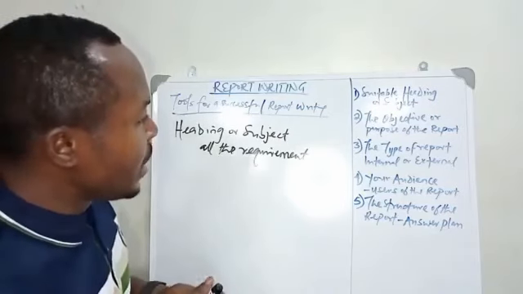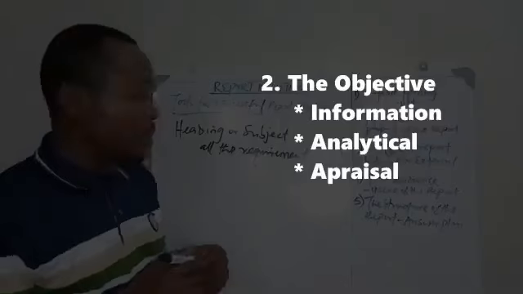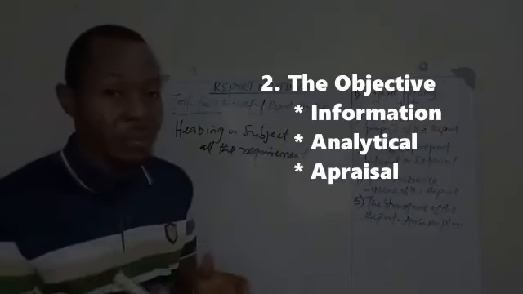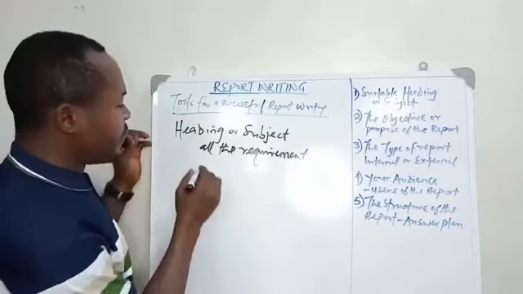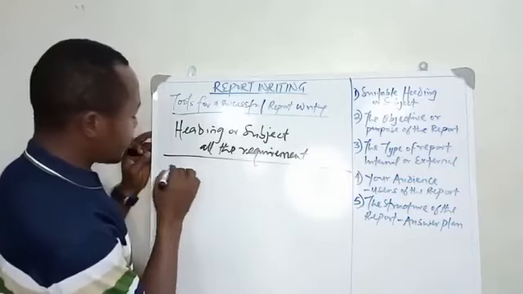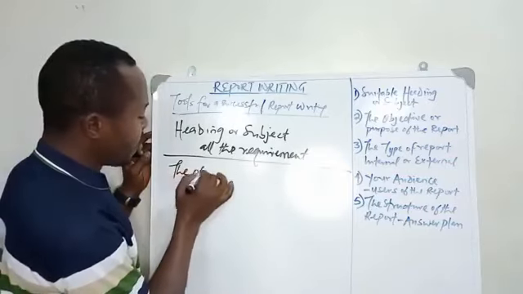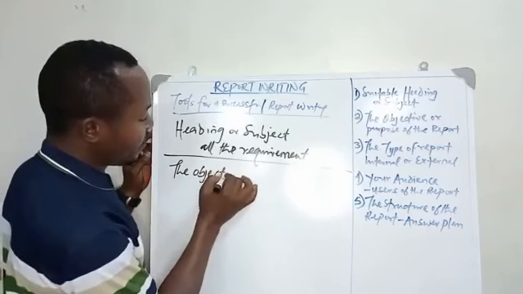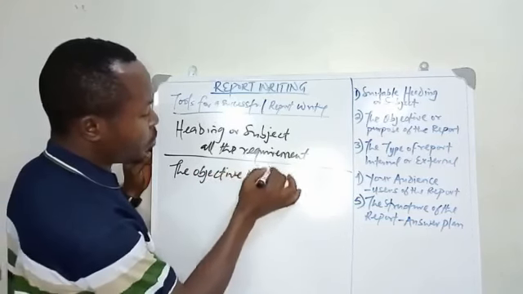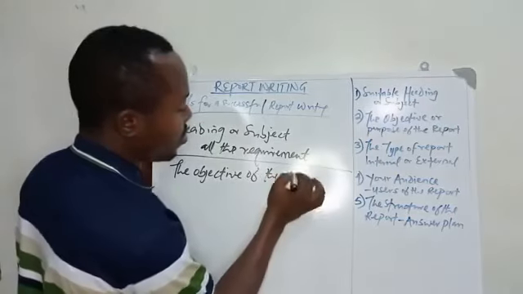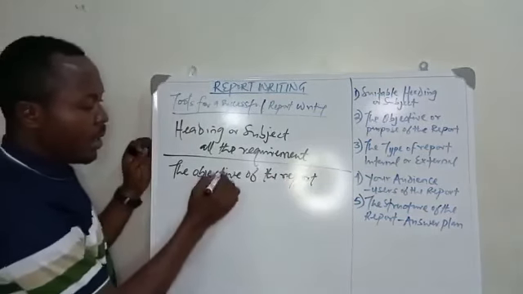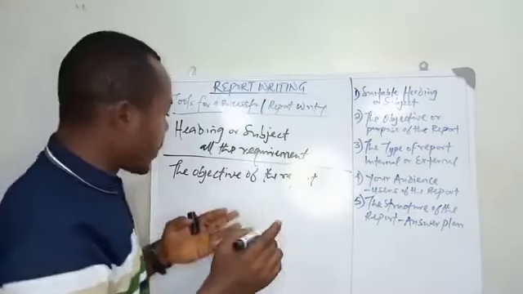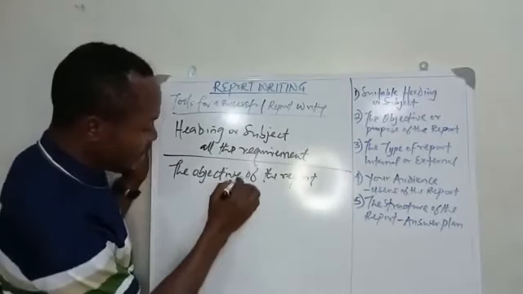Number two is the objective of the report. Now, this is very, very important. The report must state the objective. The objective of your report comes in various forms. Let me just list them out.